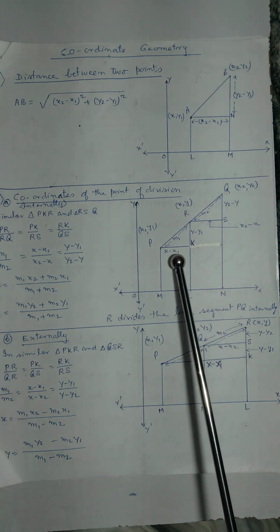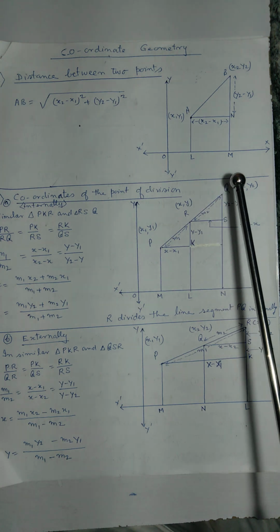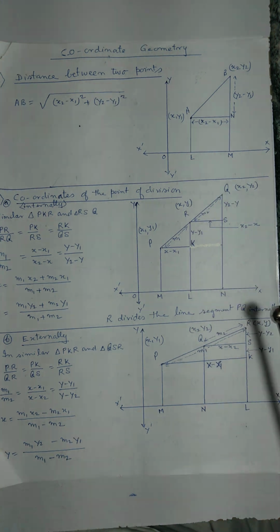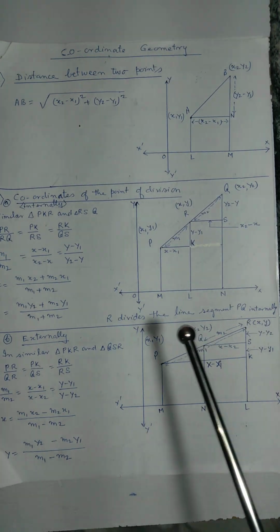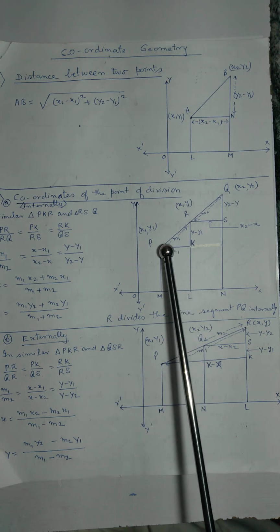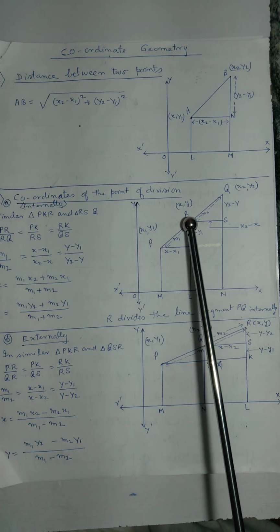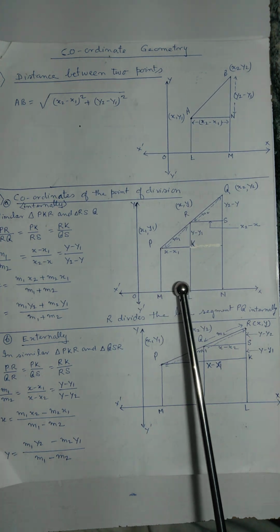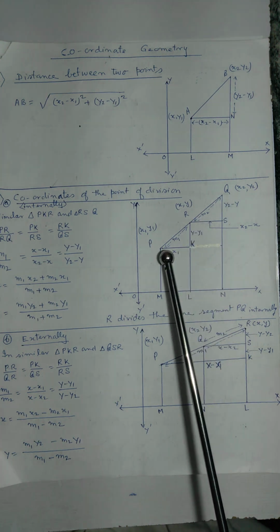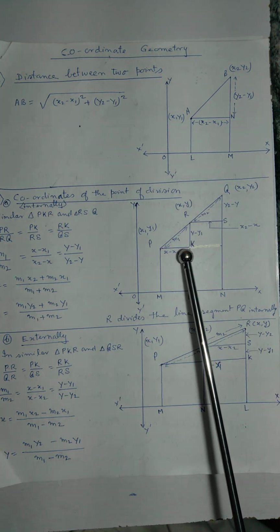So these two triangles, you see PKR and RQS, these two triangles are similar. Because these lines are parallel and the perpendicular lines are also parallel to each other, the corresponding angles are also equal, and this is 90 degrees again.